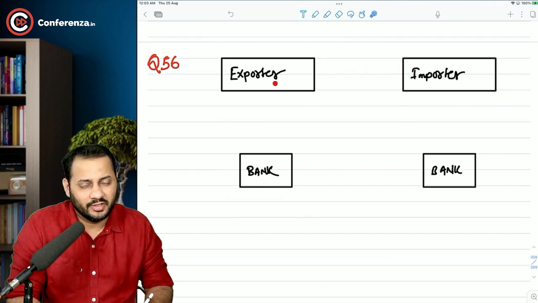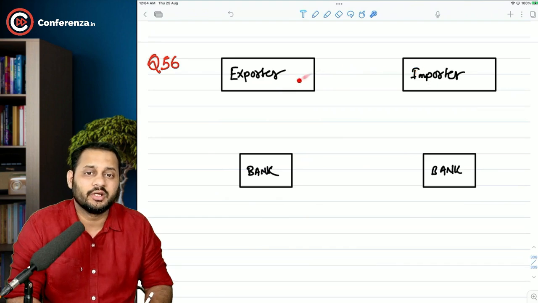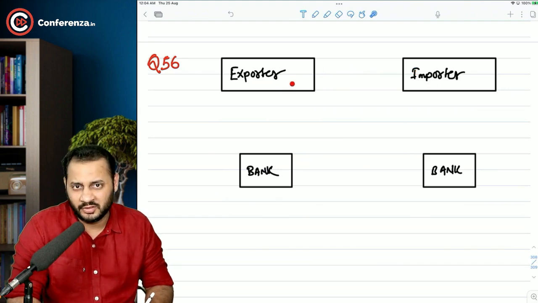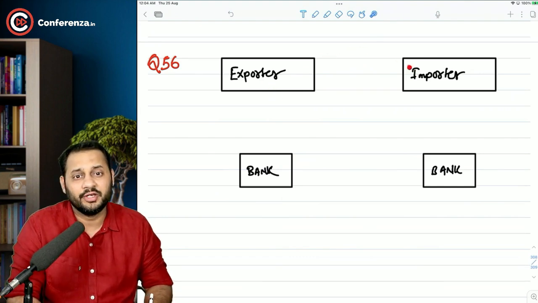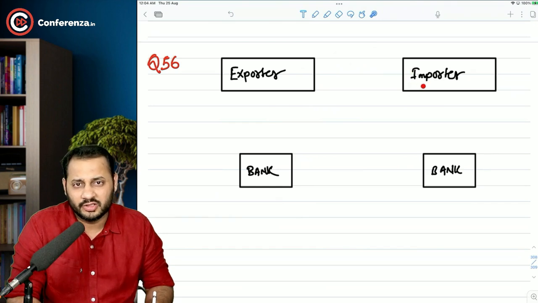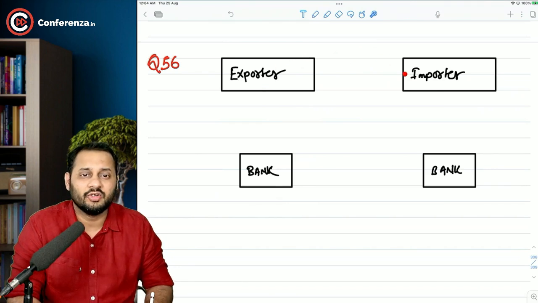But the exporter is worried about the payment. If he ships the goods to the importer, what is the guarantee that the importer will make the payment? Right? So he's worried about that. He doesn't want to take the stress of going to that country and fighting in court with the importer for the payment, because this company is a non-resident in this country.